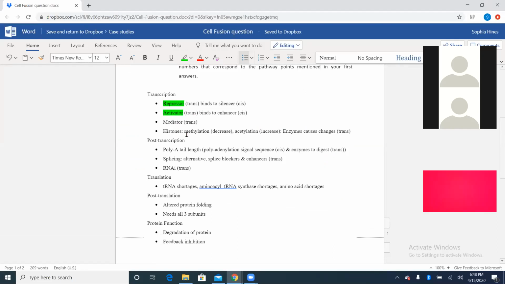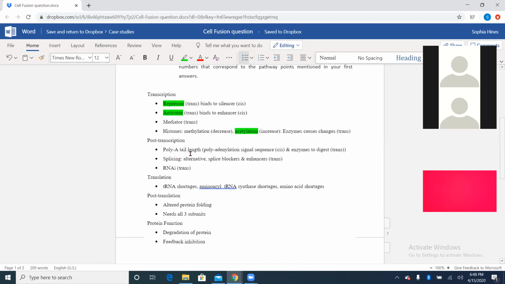But now histones, if they had been silenced due to histone methylation before, histone acetylation could turn them on. So that would change and would open up the promoter regions or the enhancer regions or whatever regions were being blocked before by the methylation.